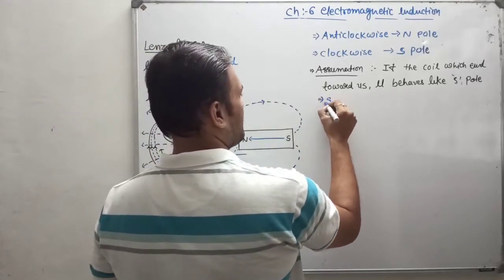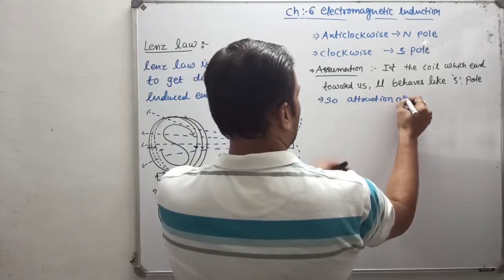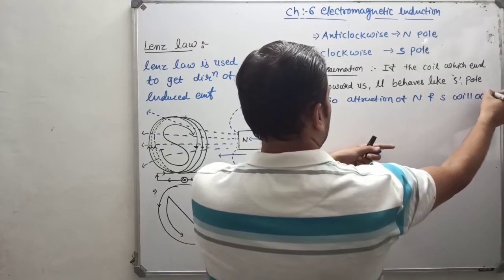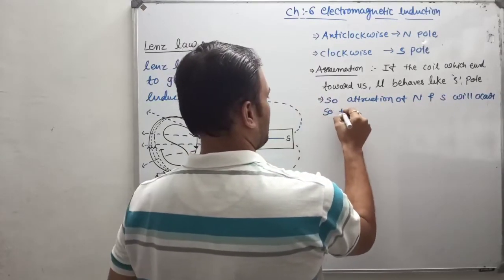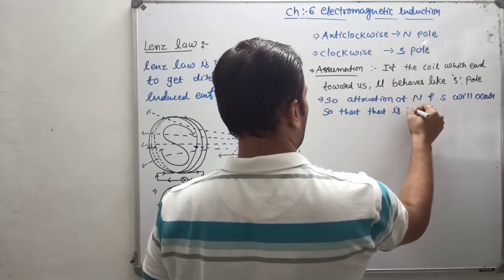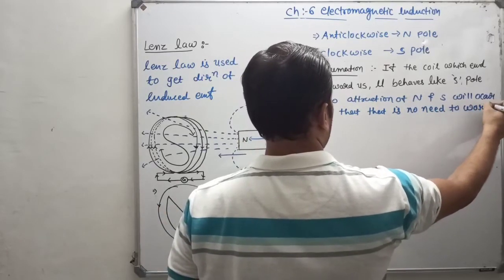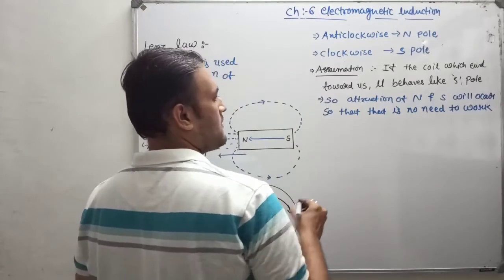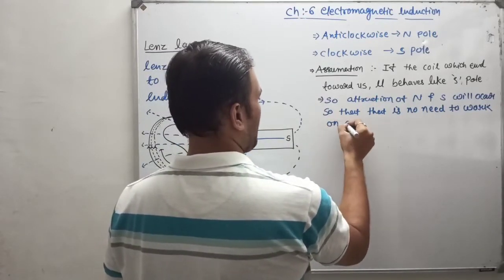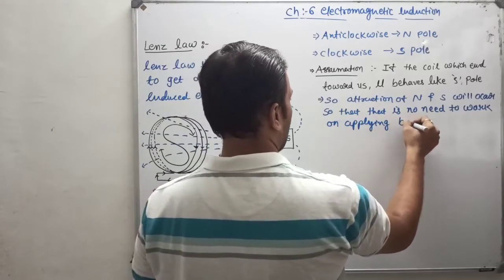Okay, so attraction of N and S will occur, so there is no need to do work on applying the bar magnet.